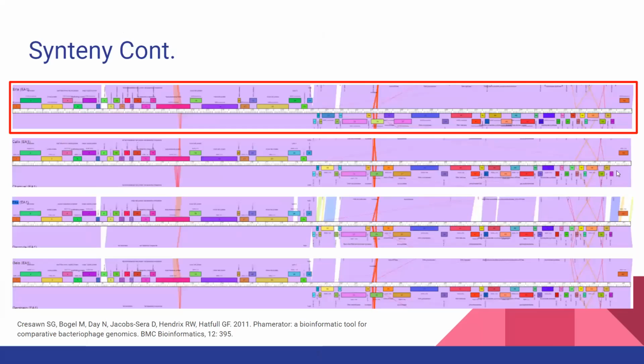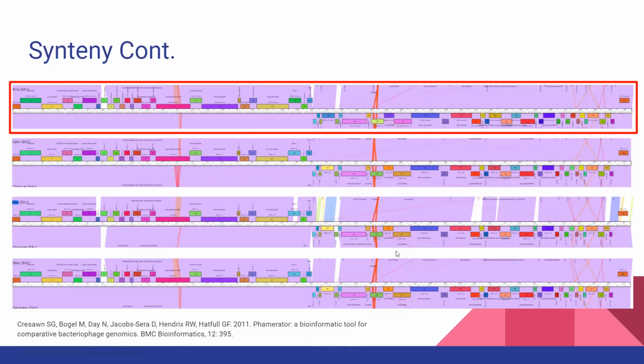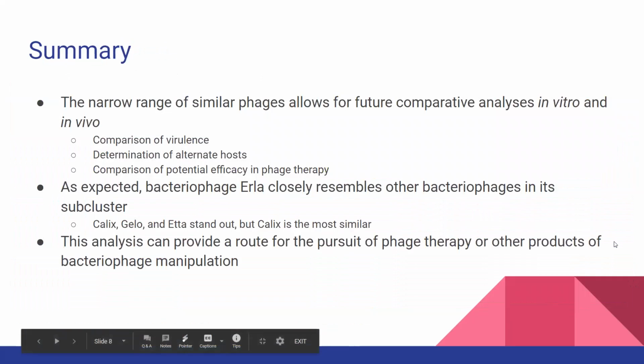So this is the basis that was worked on to take each one of these lines and compare them to one another. And using the human eye, we can see that there is a distinct pattern amongst all of these bacteriophages in particular, which reinforces this thought that these three bacteriophages are mostly related to Erla, boxed here in red.